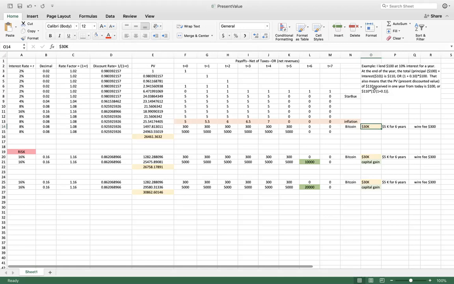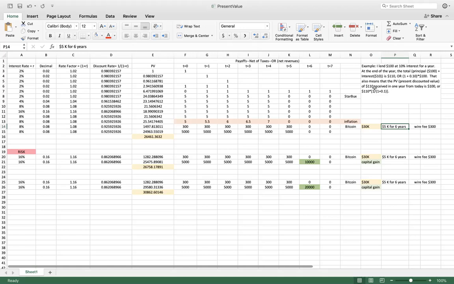You purchase a Bitcoin for $30,000, and then you have to think to yourself, well, what's that Bitcoin likely to be used for? And so I picked a popular way in which Bitcoin is used, which is international money transfer.